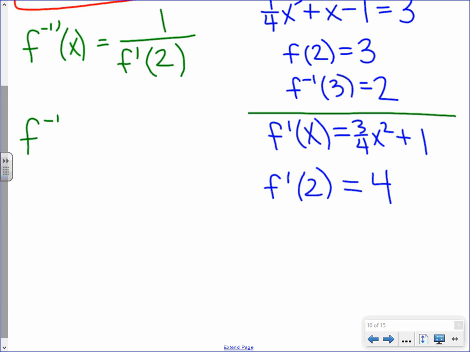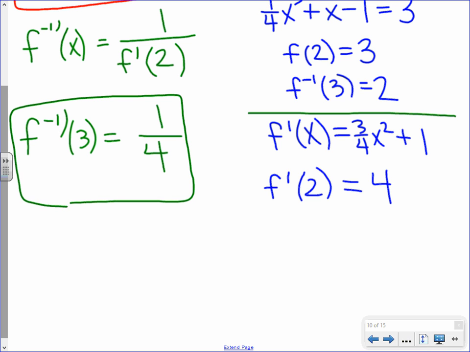So f inverse prime of 3 is 1 over 4. We had to figure out what the inverse value was, so then we can plug it into our derivative, of course, all in that denominator, 1 over f prime of f inverse.